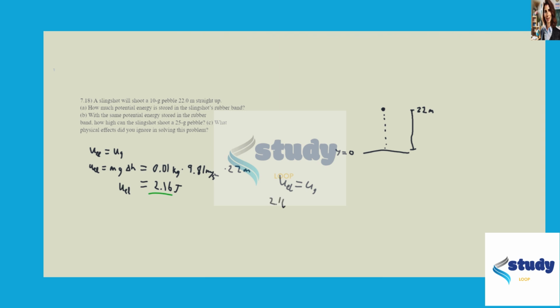So I'm going to write 2.16 joules is equal to mass times gravity times change in height, but we're going to have a new mass, so that's going to be 0.025 kilograms times 9.81 meters per second squared times our change in height.